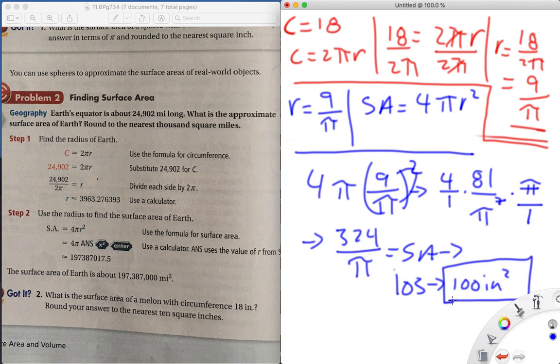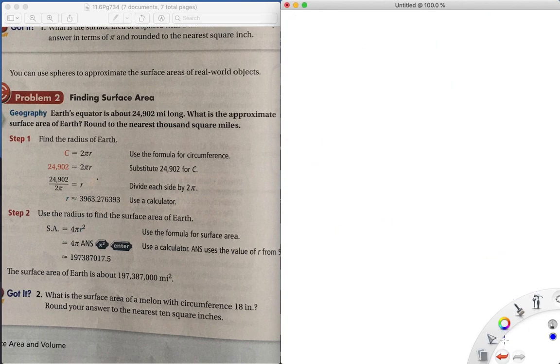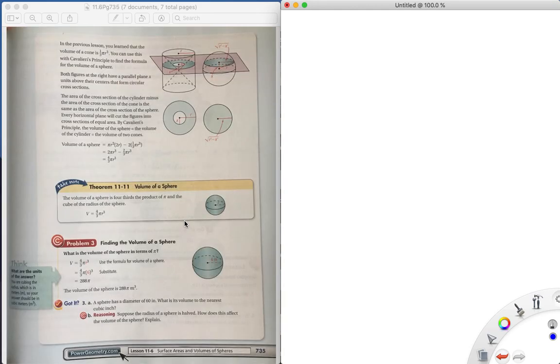But when you're dealing with pi's like this, I think it's a little bit easier to do it with fractions, ultimately dividing and multiplying by pi last when you have a pi in the numerator and denominator. But it is totally up to you if you want to use decimals or fractions. I recommend fractions though. It's better in the long term for your mathematical career to use fractions a lot.